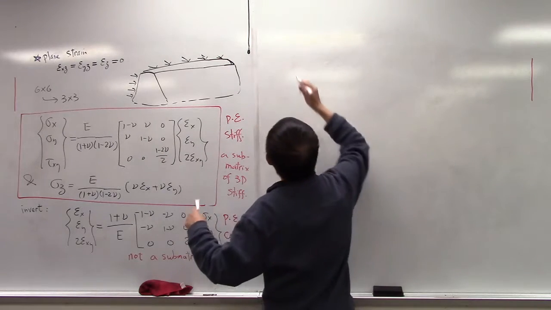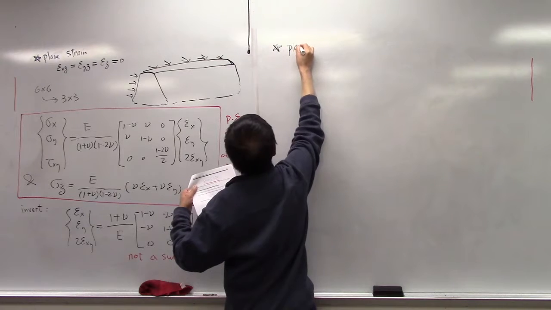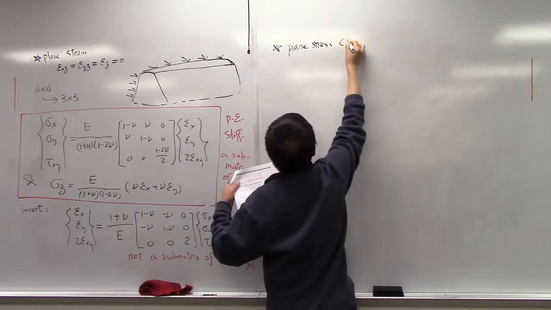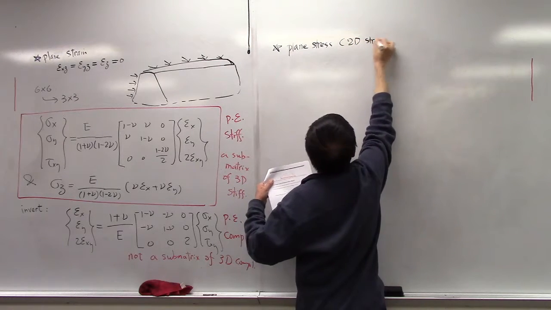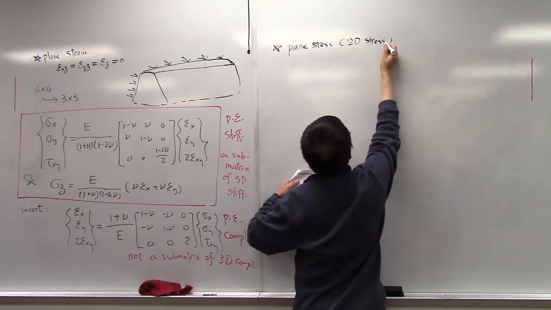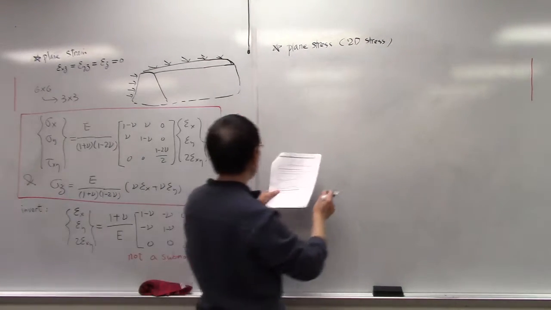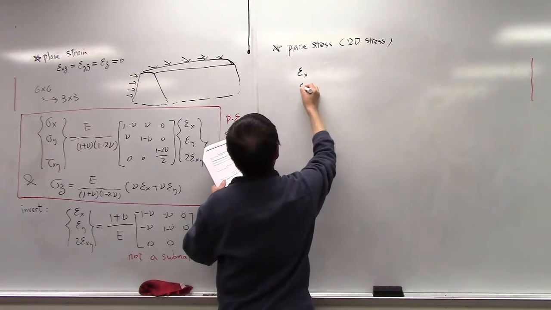In a very similar fashion, we can talk about the plane stress situation, which can also be called the 2D stress case. And again, when it is 2D stress, strains are 3D. Let me simply write this out.